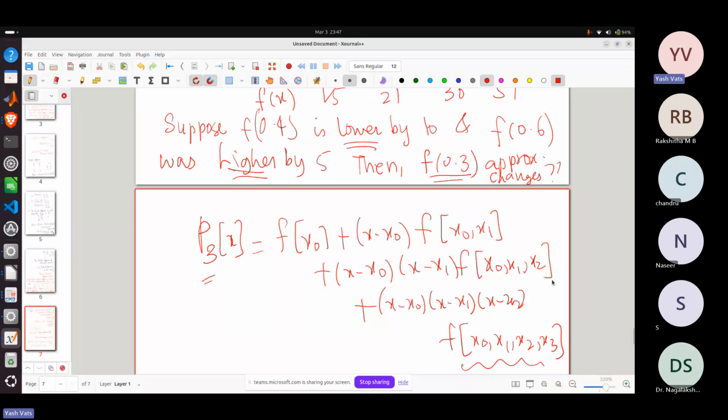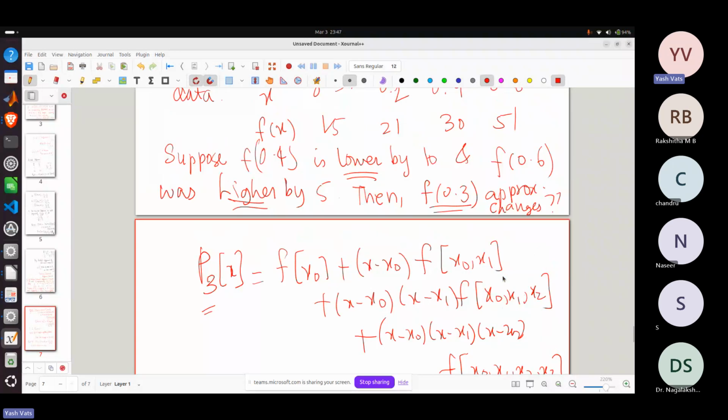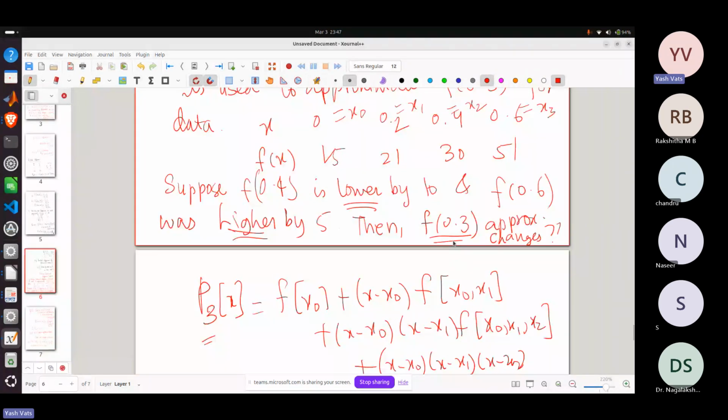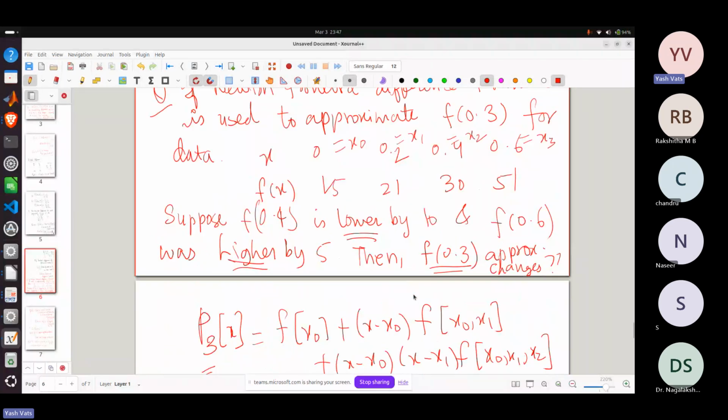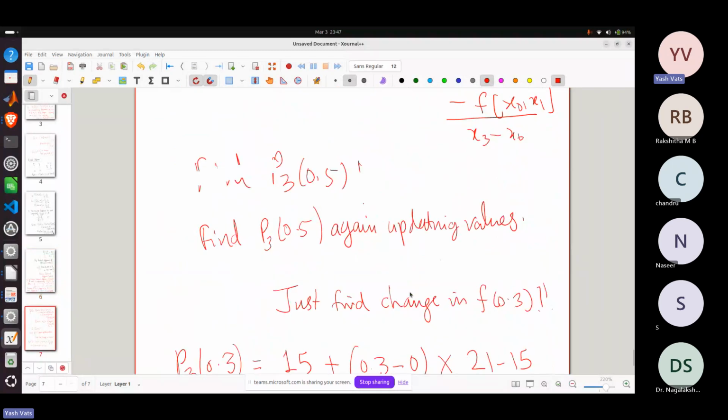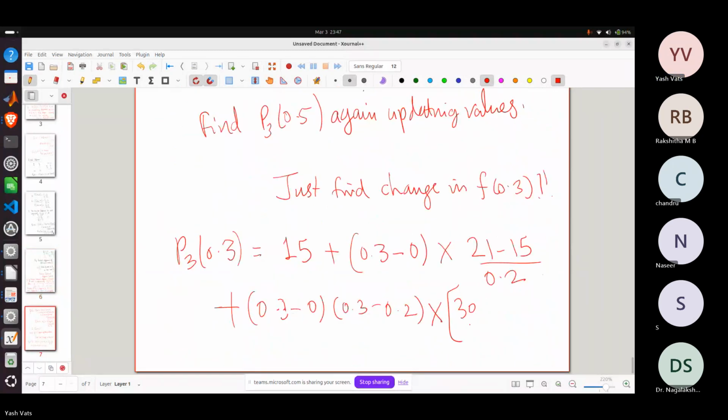I would suggest finding out these values beforehand so that you won't feel difficulty. f[x1, x2] is basically f2 minus f1 divided by x2 minus x1. So it is 30 minus 21 over 0.4 minus 0.2, and minus the earlier value. Because you have already calculated this above, you just use it here, divided by 0.4 minus 0.